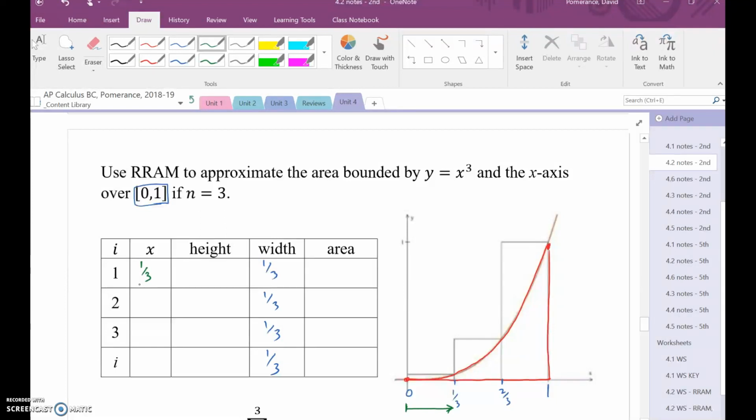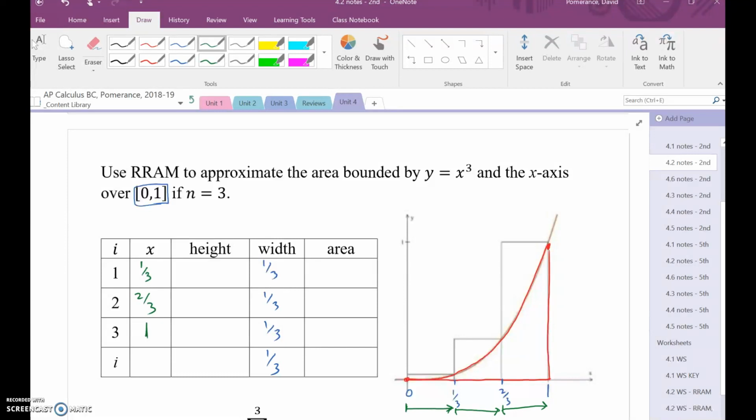And after we get to the right endpoint of our first subinterval, we're going to take one more step of the same size to get to the next right endpoint of the next subinterval. And we'll take one more step, and we're just going to keep on stepping until we get to the right endpoint of our entire interval, in this case 1.